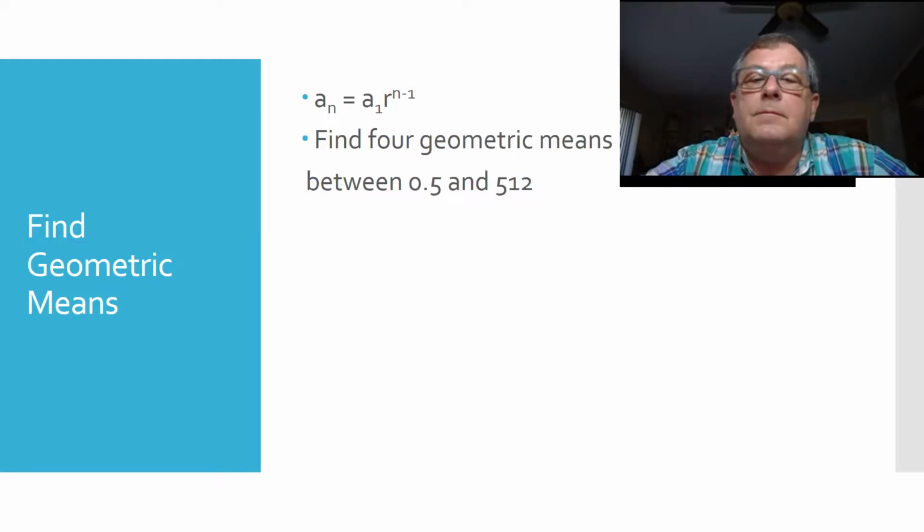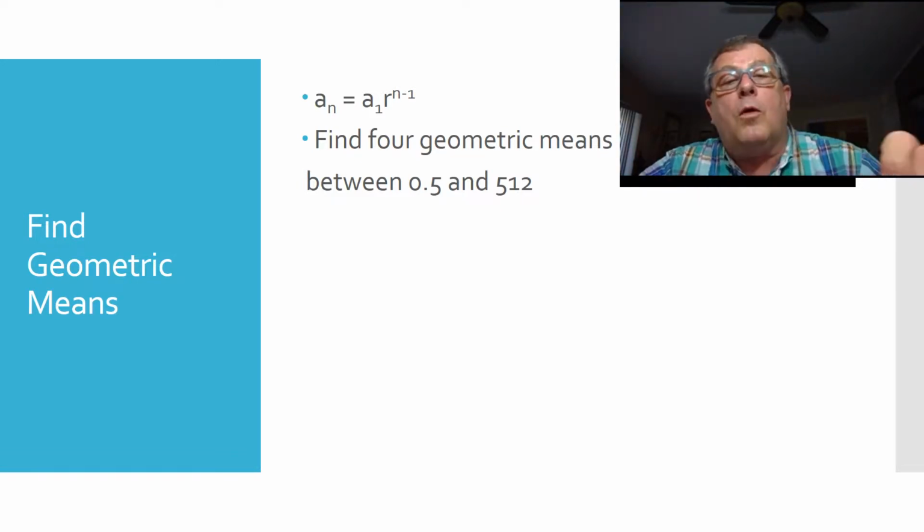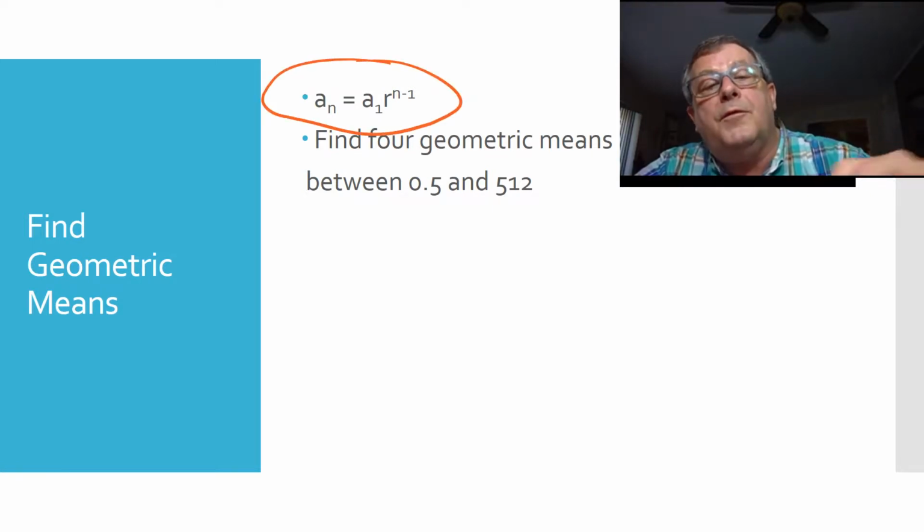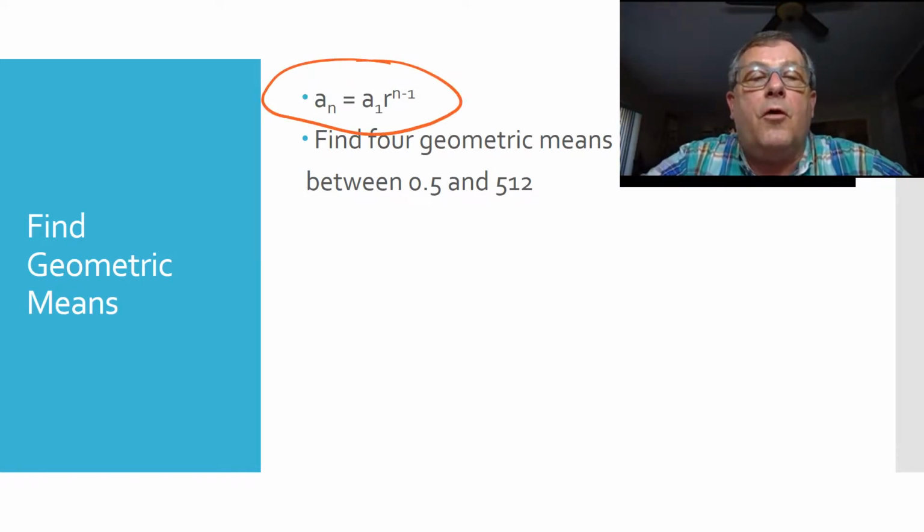And we can find these by finding the common ratio and using our geometric nth term formula, which again, an equals a1 times r to the n minus 1.